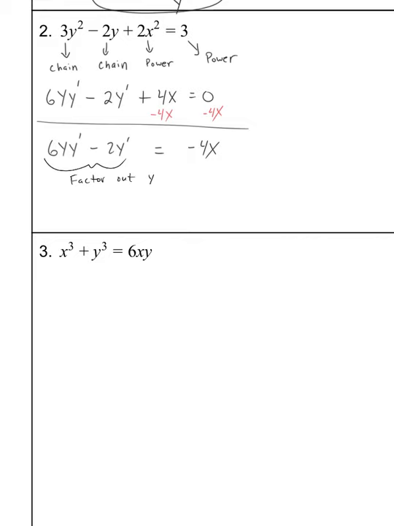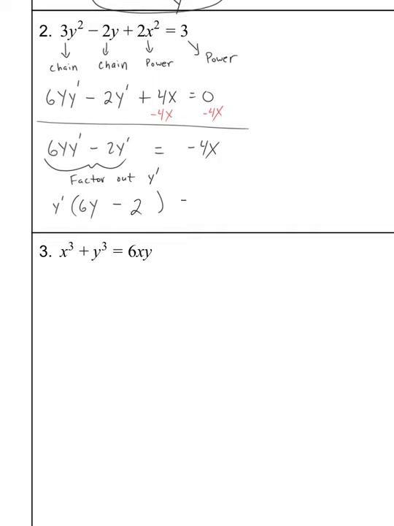All right, so to factor out y prime, we put it in front, and we rewrite the binomial. To get this term, we divide the first term by y prime, our common factor. The y primes cancel, and we're left with 6y. If we divide the second term, 2y prime, by y prime, we're left with 2.